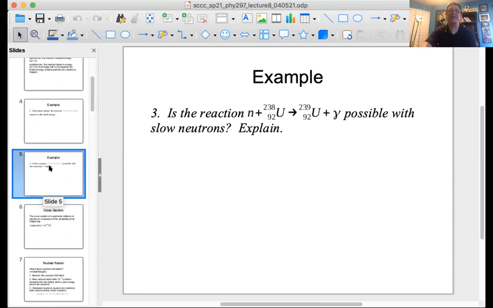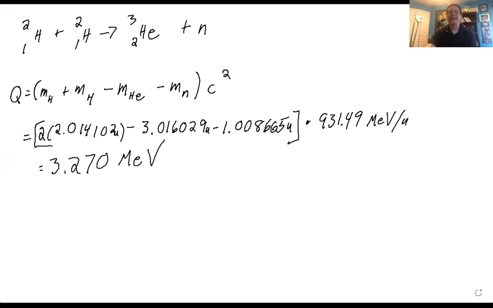So let's figure out the Q value involved. We won't include the gamma rays in the Q value, but we want to see if we release enough energy.